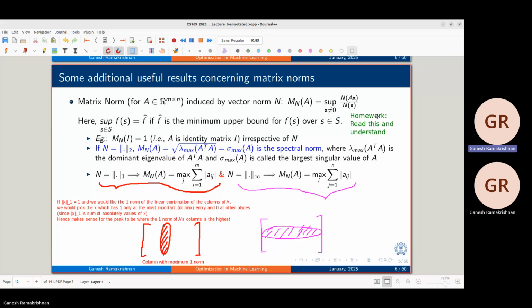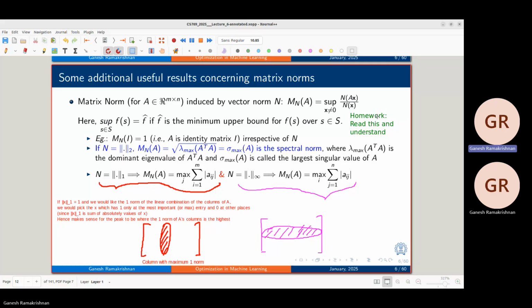And you can verify that similarly, if n is infinity, then you'd pick up the row with the maximum one norm. When n is infinity, we are basically saying, pick as many entries as you can, because the infinity norm just picks the maximum absolute value. Infinity norm doesn't bother if all the elements have the same value.